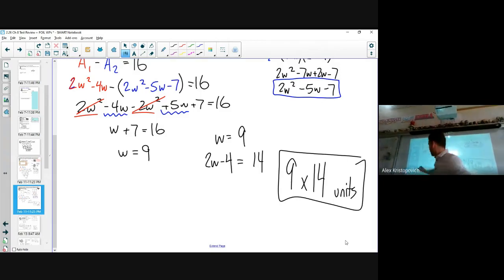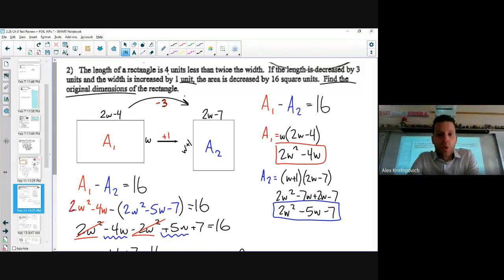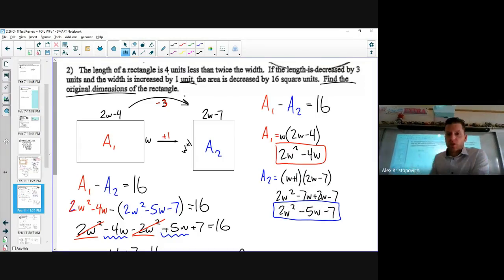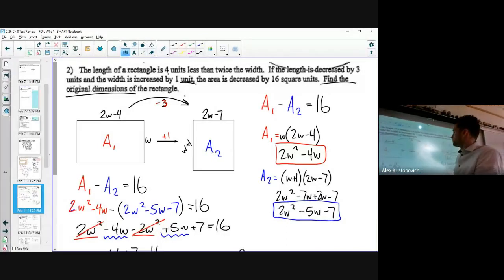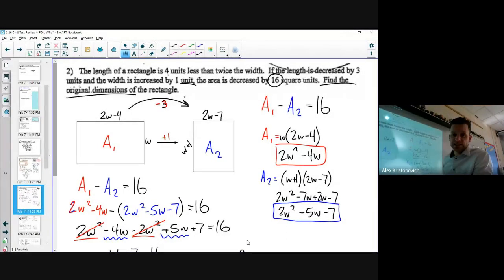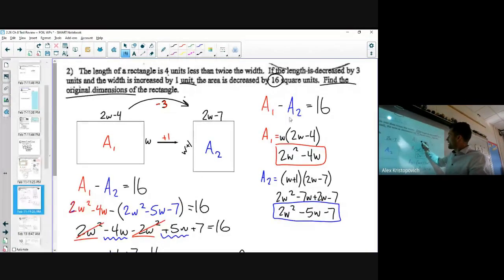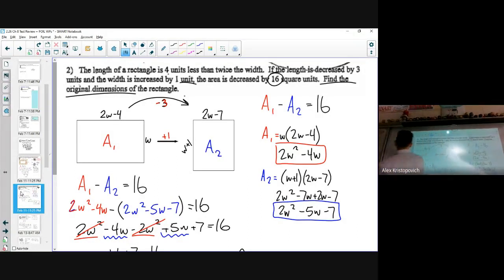Okay, so these problems are a lot. The key that I'm going to recommend is start by filling in the pieces you can about each rectangle. Definitely draw a diagram. But then identify, based on what number they give you, in this case it was 16, make your equation. A1 minus A2 would equal 16. You need something to be able to form an equation of some sort.